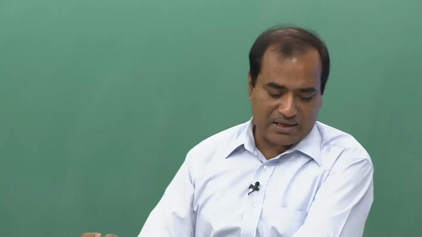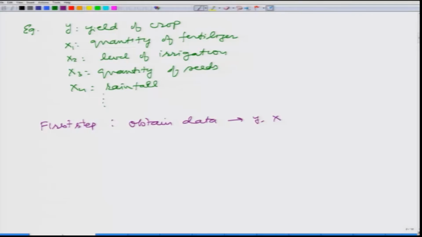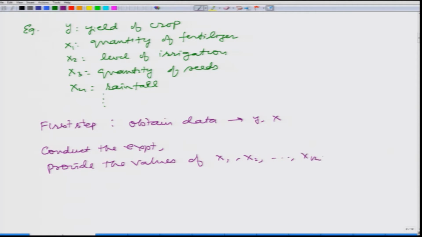The same thing has to be extended here also, that we have to conduct the experiment, provide the values of x1, x2, xk, and then record the outcome y.